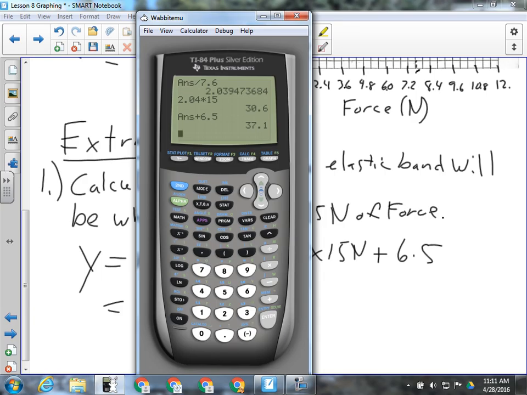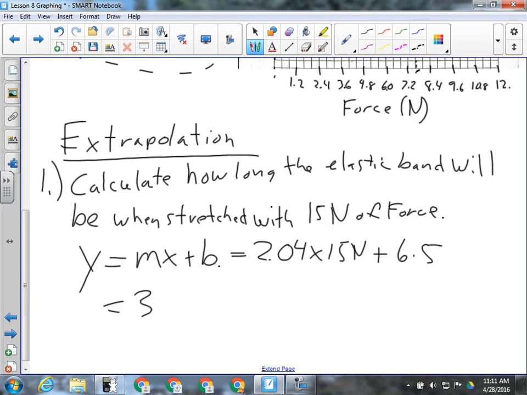I don't know too many rubber bands that stretch like that. Okay, so 37.1 centimeters. Does that have the right number of significant figures according to what I was given? 2. So 37 centimeters.